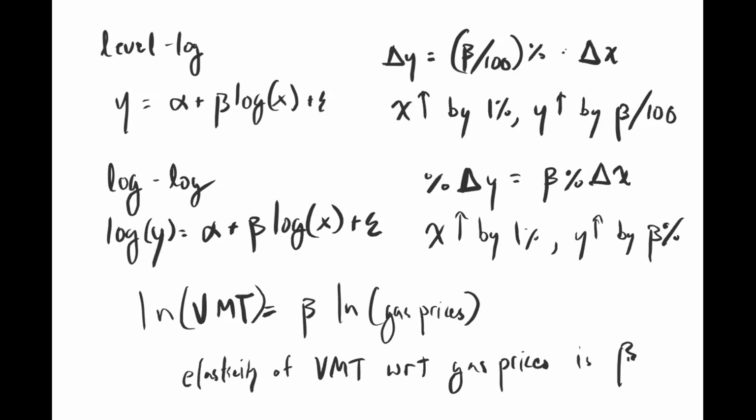And so as gas prices increase by 1%, then VMT will change by beta. So that's just a practical example of the log.